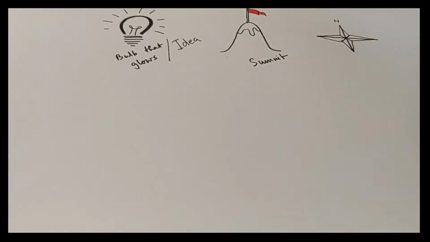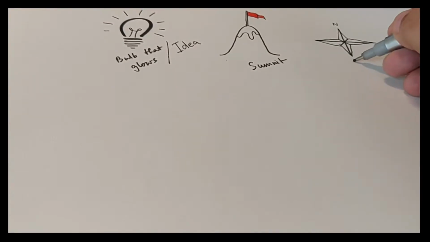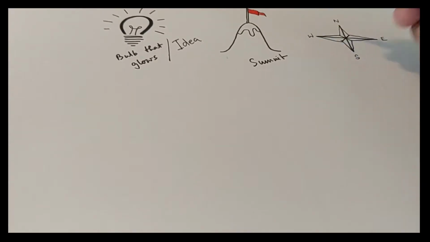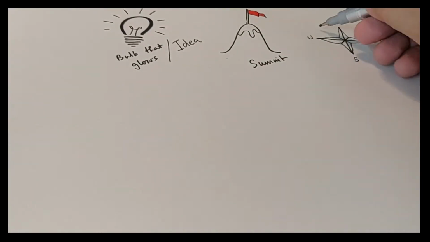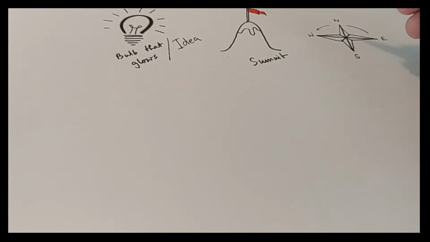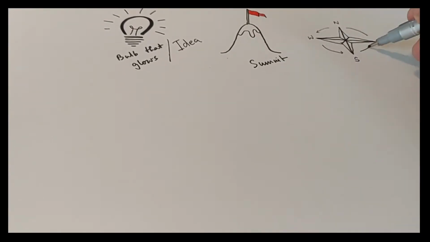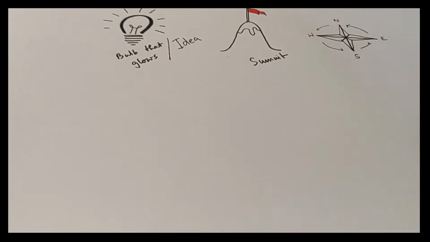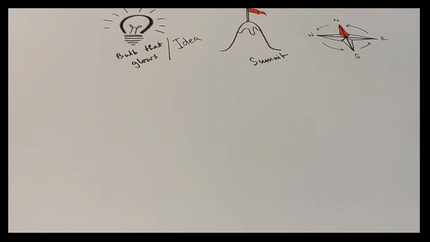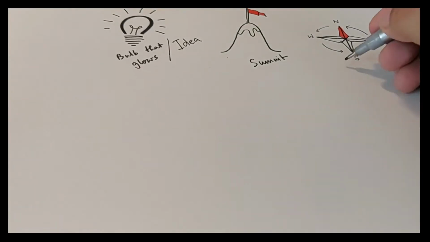You can create like this, north south and east west. To show that this compass can move, you can also put the arrows. You can also denote the north with a color. Isn't this easy? So this is your compass.